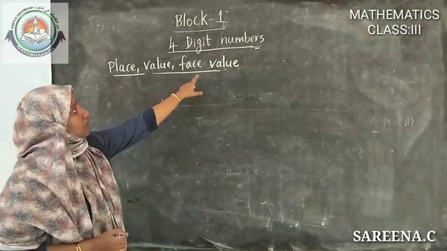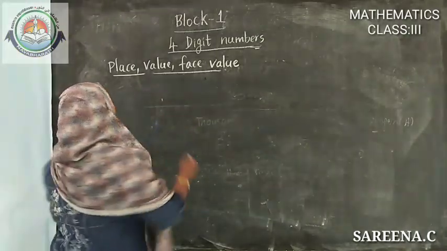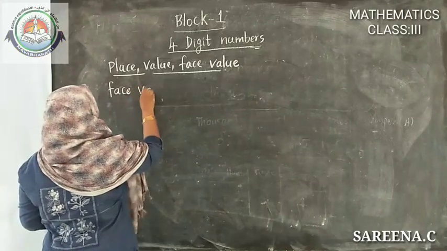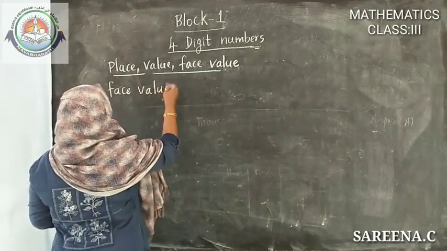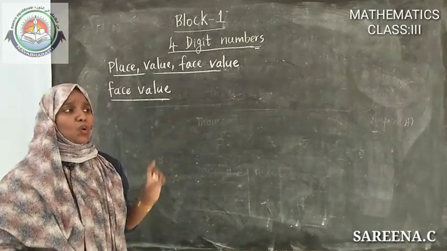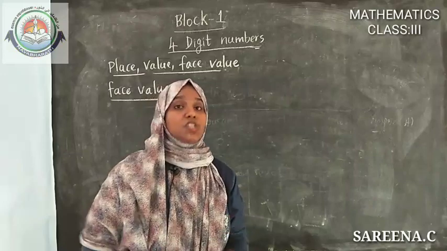First we can see what is the face value of a number. Face value of a digit is the number itself.